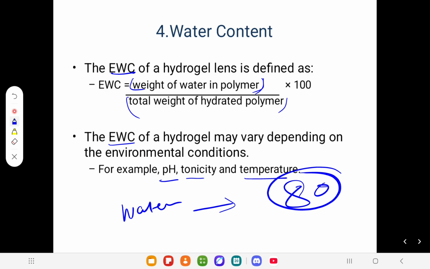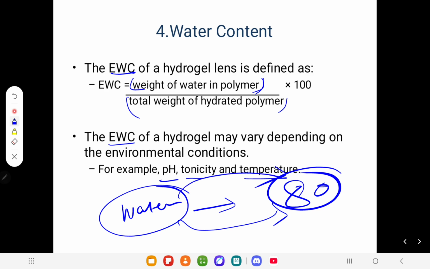It's impossible that a hydrogel contact lens has that Dk property because of water. If we have 100% water, its Dk is approximately 80, so we cannot make a hydrogel contact lens up to a Dk of 80. Okay, it's very important, you have to know this concept that water has a Dk of 80.